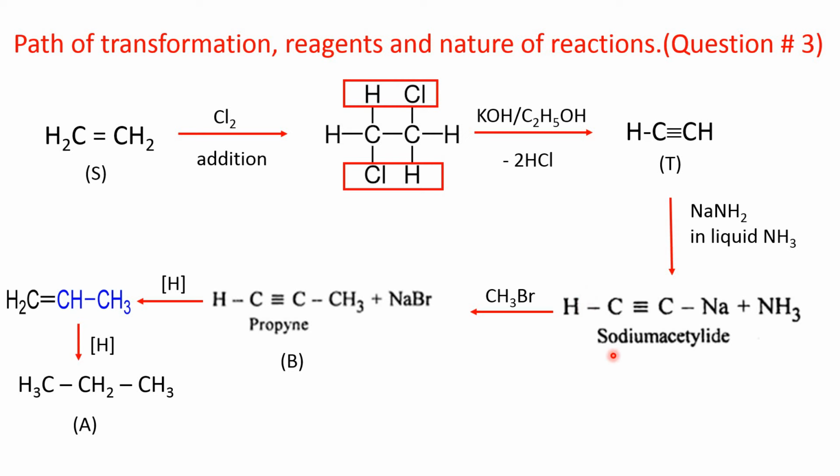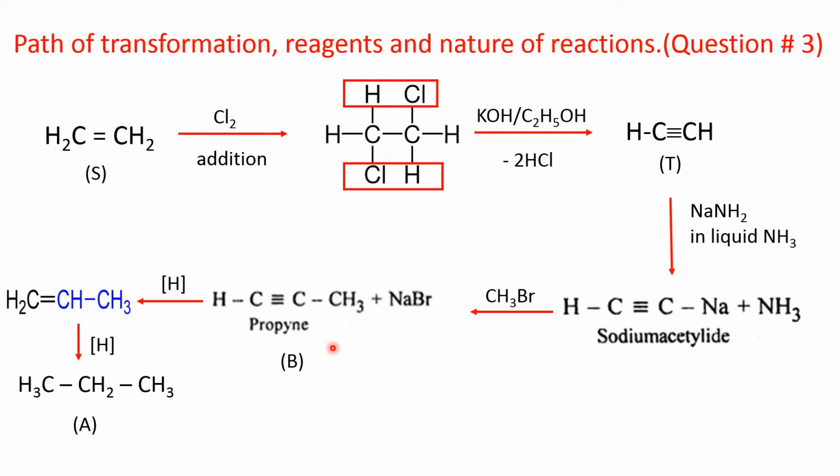And this sodium acetylide, when it reacts with alkyl halide, here we want to prepare propane, that is 3 carbon atoms. So we have to take methyl halide. So when it is treated with methyl halide, then this methyl group is introduced. That means from acetylene through the sodium acetylide, you can form propyne, 3 carbon atoms.